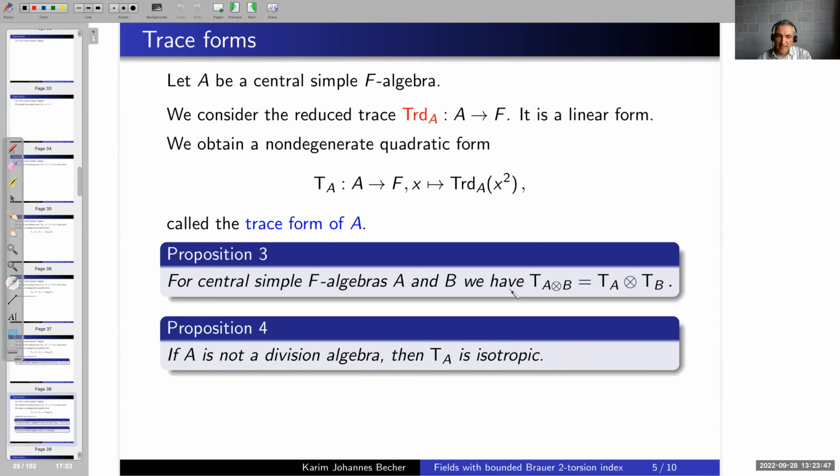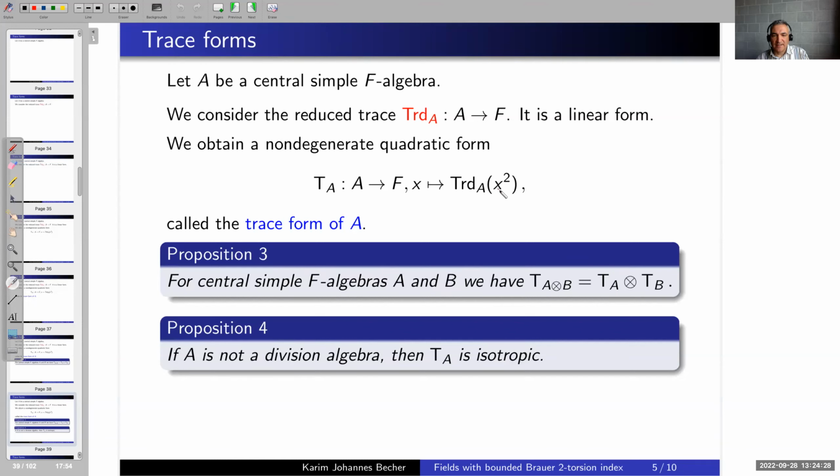How do you get that? Well, if A is not a division algebra, then Wedderburn's theorem tells us that it is a matrix algebra over a division algebra with a non-trivial matrix algebra. So I can also write it as a division algebra tensor a non-trivial matrix algebra over F. Now I basically reduced to showing that the trace form of a non-trivial matrix algebra over F is isotropic, and that you can easily see.